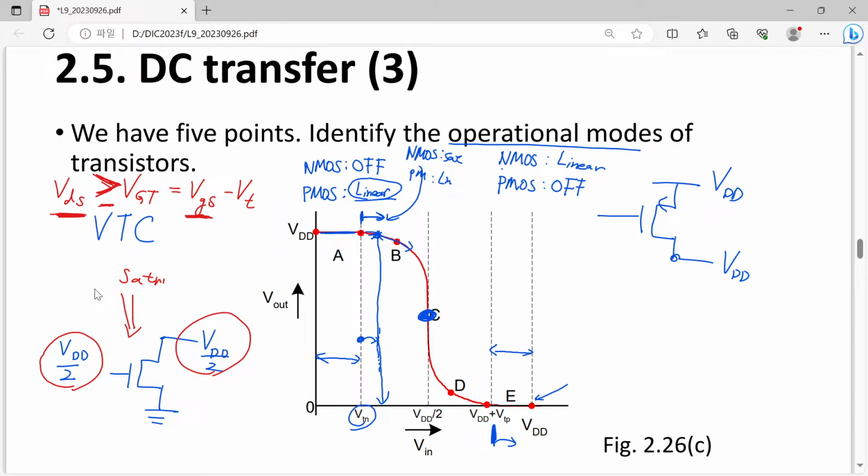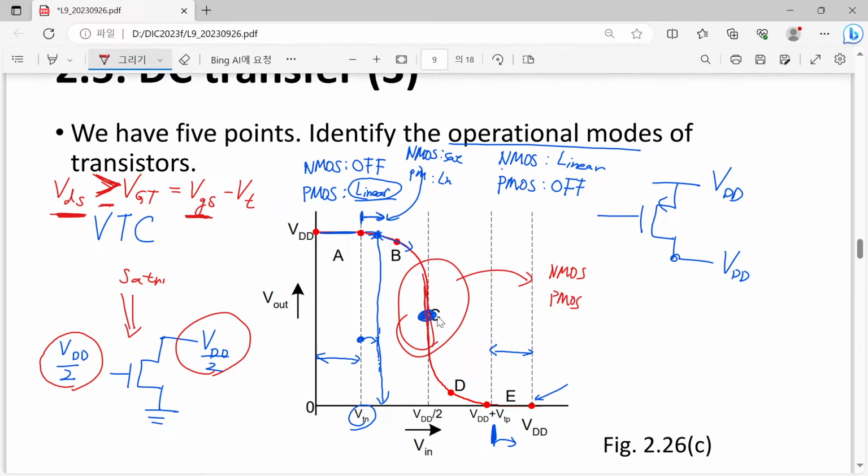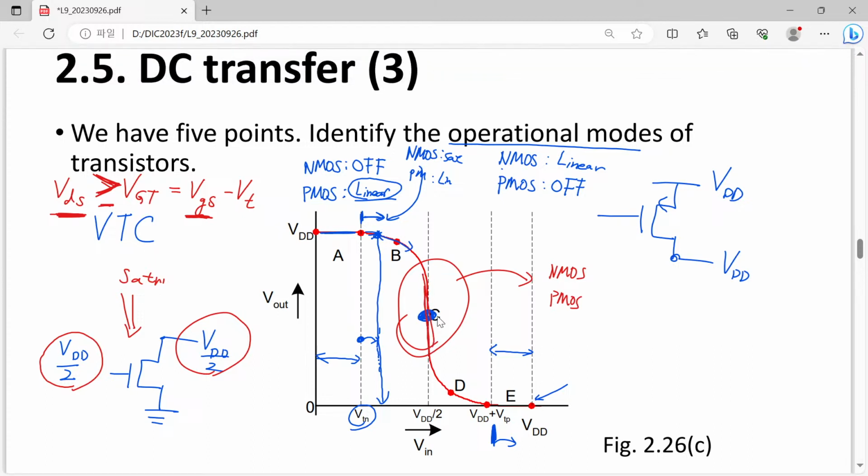Simply speaking, somewhere here we will have a certain position where both the N MOSFET and P MOSFET are in saturation mode, and this corresponds to the steep change of the voltage transfer curve.